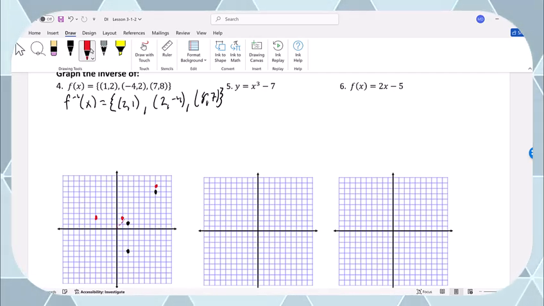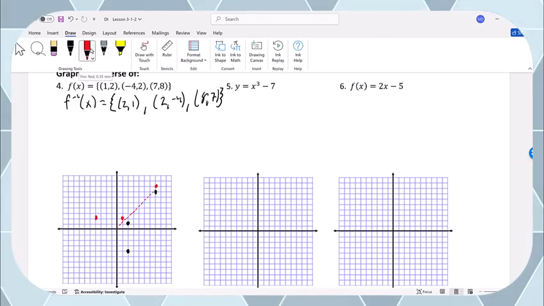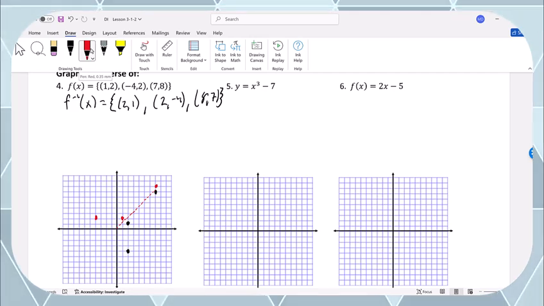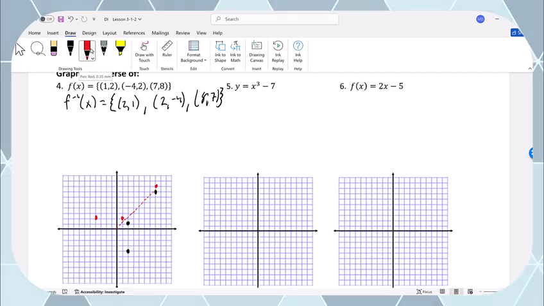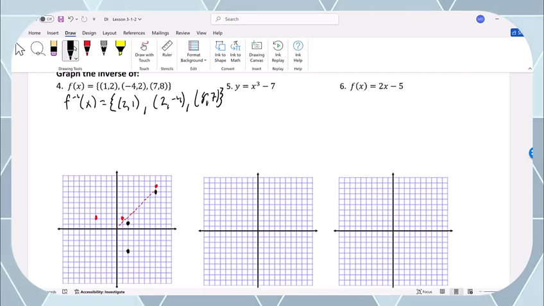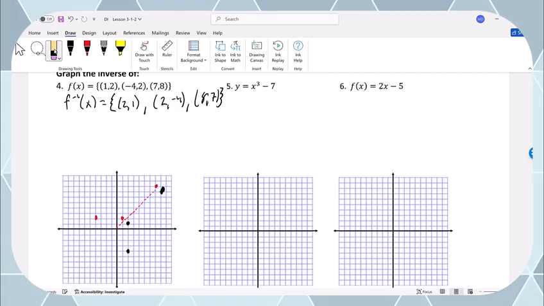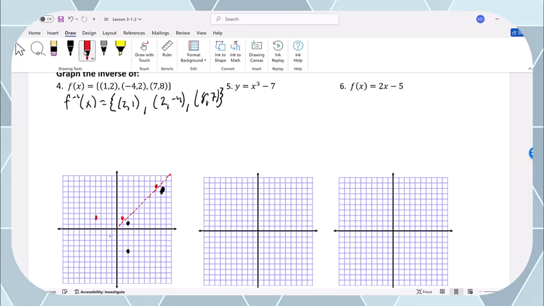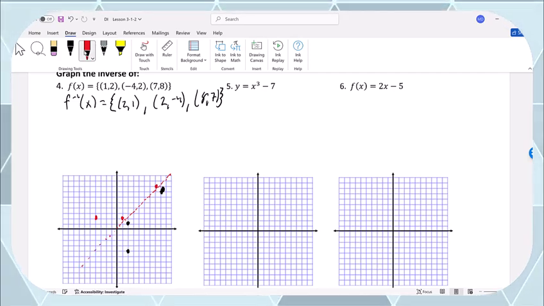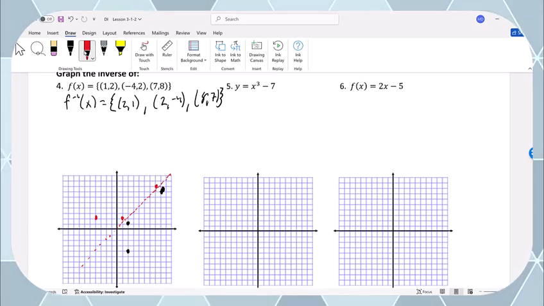It's actually going to be, so it should be here. This one should be here. All of them are going to have this symmetry over that line y equals x. You could fold it over that line and those points are going to line up.